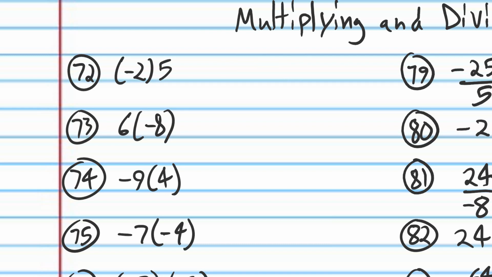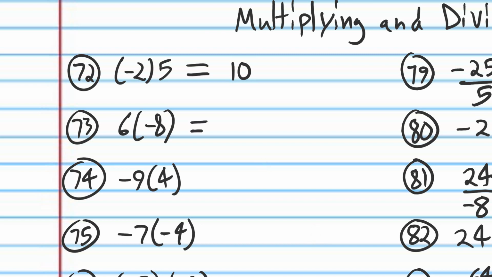So this is asking us to multiply -2 times 5. So this is very easy. You just multiply those two numbers, 2 times 5, to get 10, like you normally would. And that's it. All you have to do is figure out what the sign would be. Would it be positive or negative?